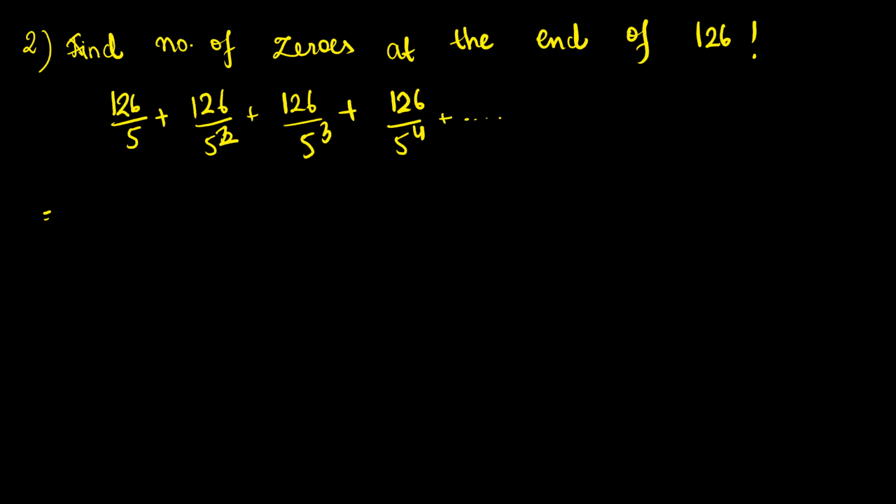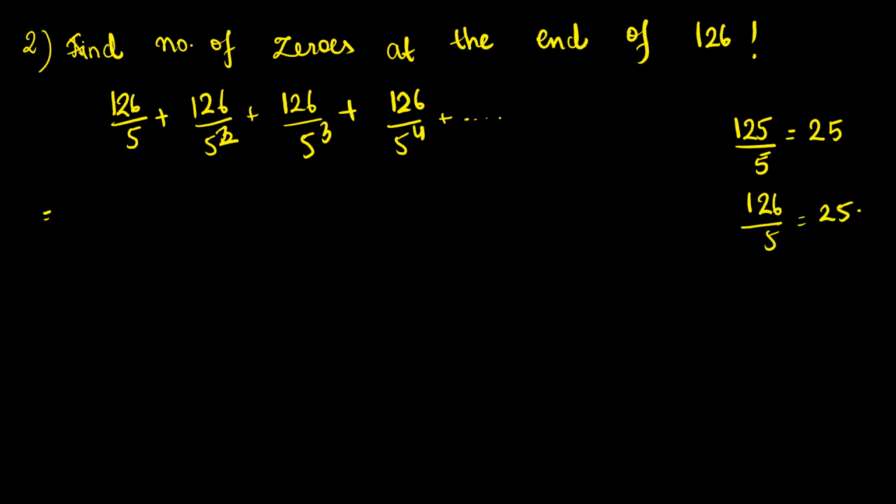So what is 126 by 5? We know that 125 by 5 is equal to 25. Then 126 by 5 will be 25 point something.